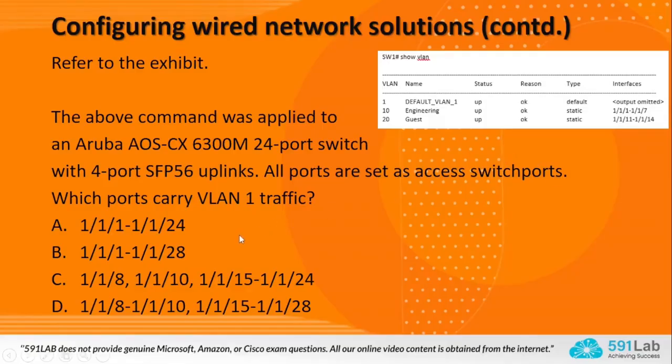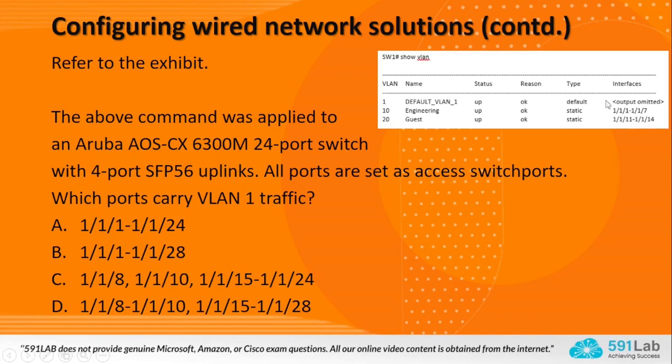Here, this is a 24-port switch with 4 SFP56 uplinks, so totally there are 28 ports. They have given outputs where 1 to 7 are assigned to VLAN 10, and 11 to 14 to VLAN 20.